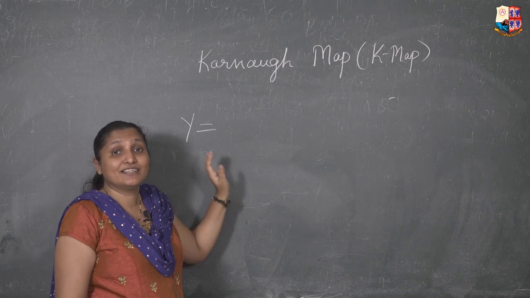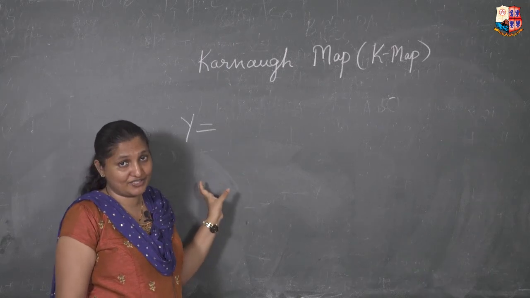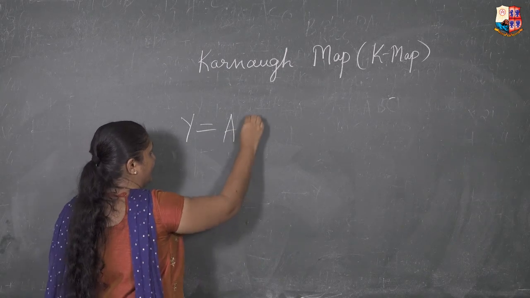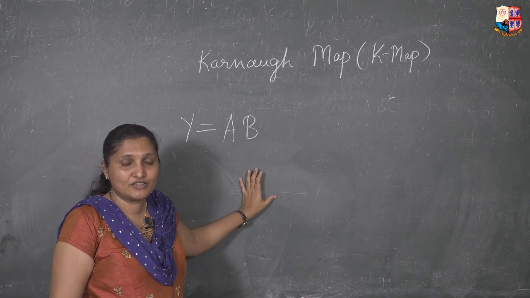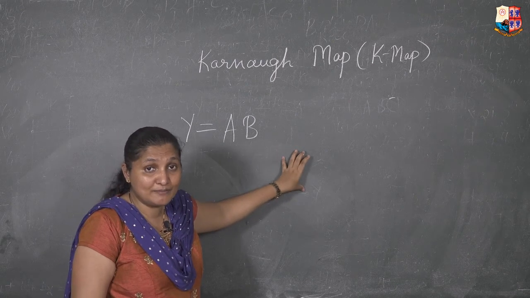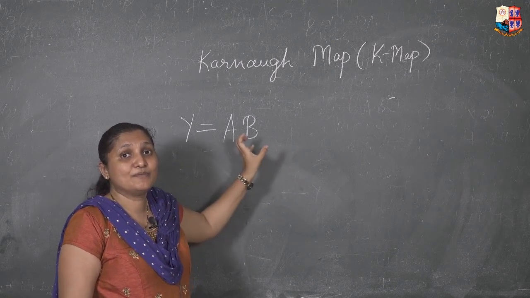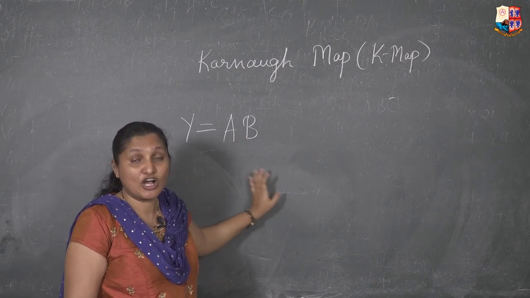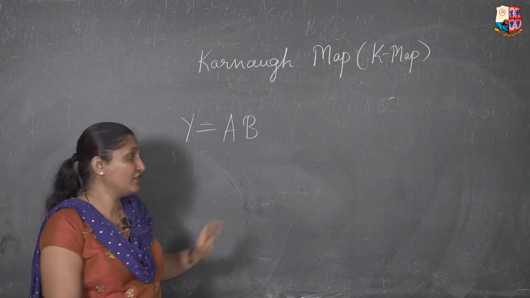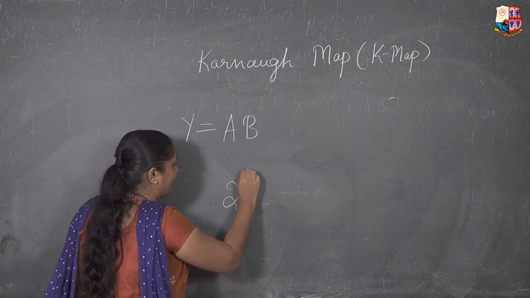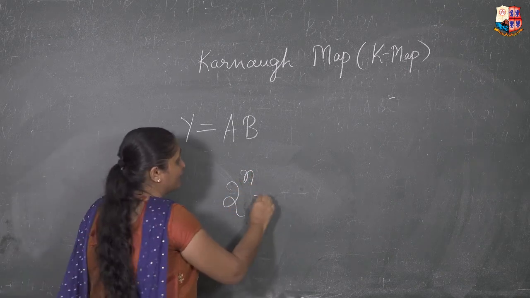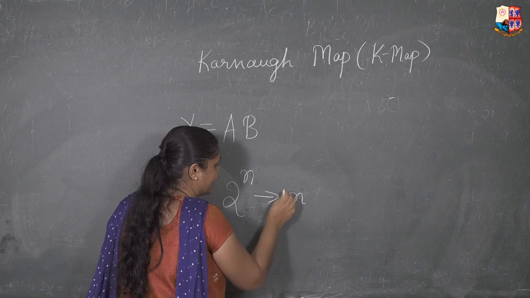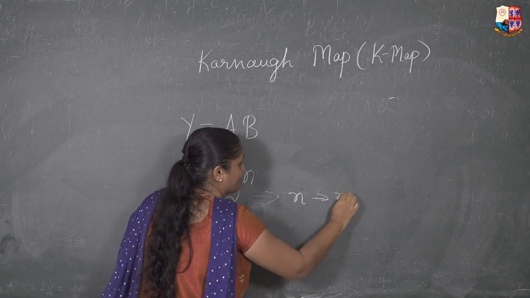Based on the number of inputs, for example if I take A and B, we have 2 inputs. So how many min terms are there? It is equal to 2 power n, where n represents the number of inputs.